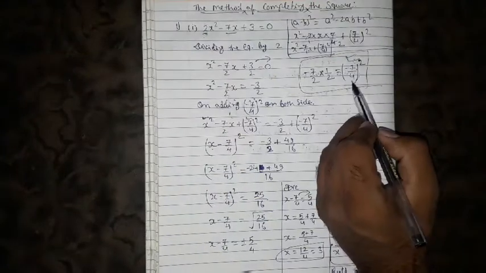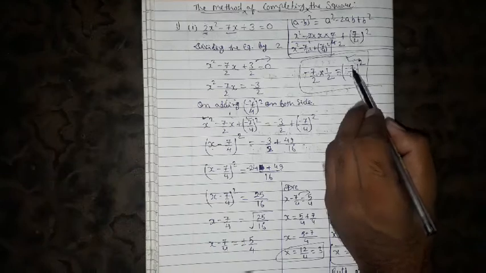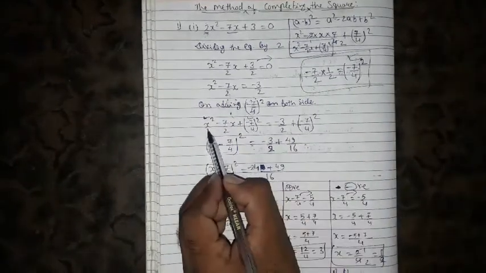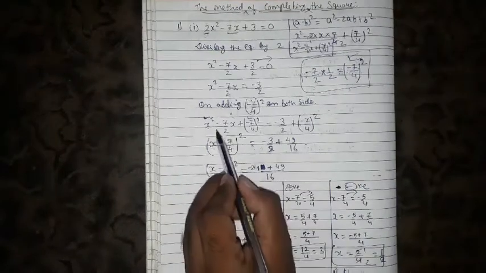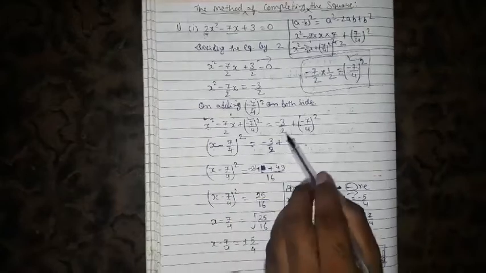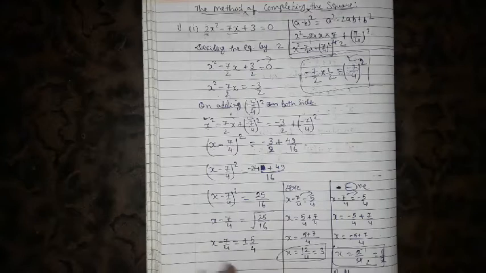Then you will get minus 7 by 4. उसके बाद इसका square करना है. Okay, you get minus 7 by 4 whole square and this term will be added both sides. So both sides I have added. In short, I'll write first and last term together with the sign of the middle term, and I'll write its whole square. Here when I solve it, I'll get this, and finally then you will understand what I have done.